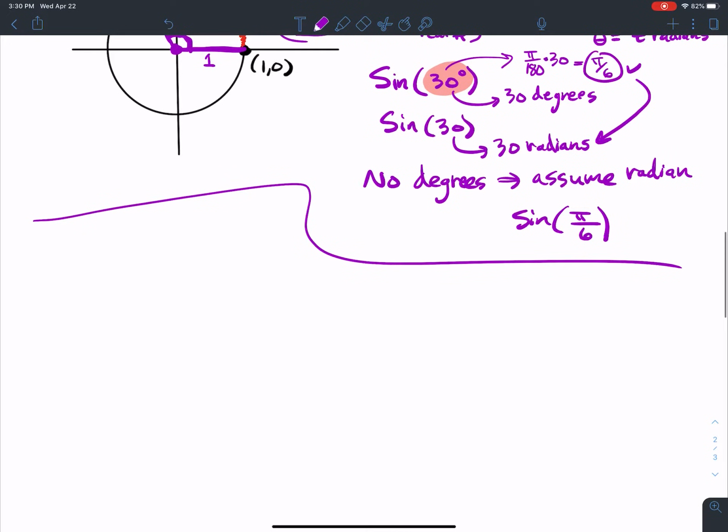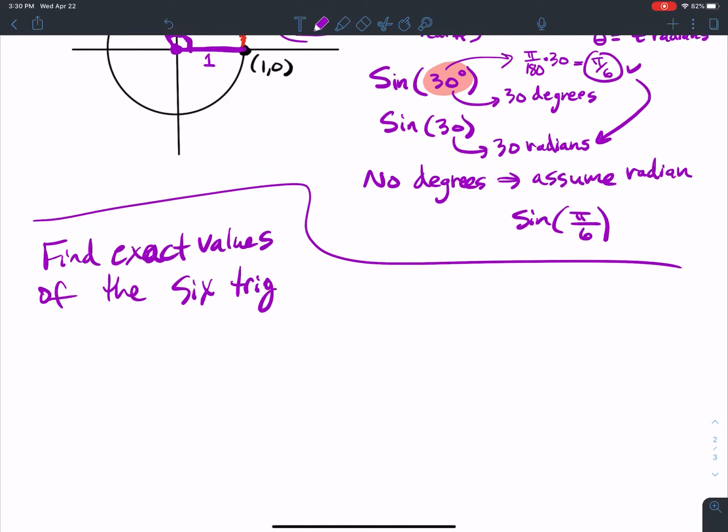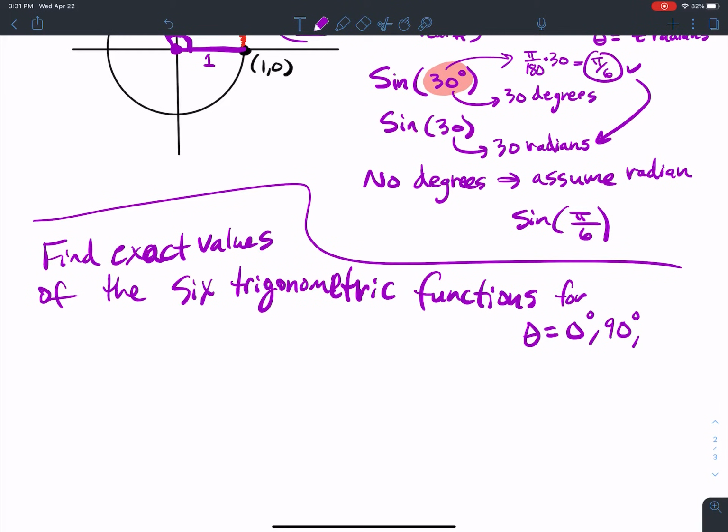I want to find the exact values of the six trigonometric functions for theta equal to 0 degrees, theta equal to 90 degrees, theta equal to 180 degrees, and theta equal to 270 degrees.